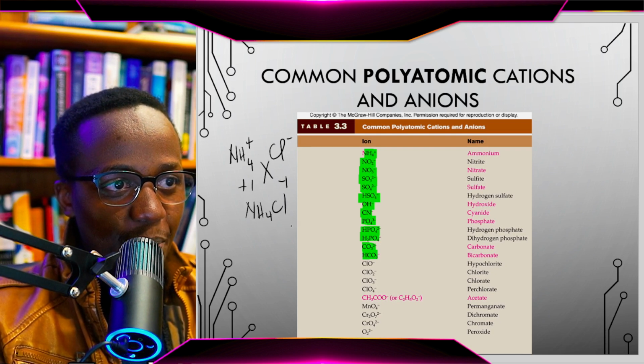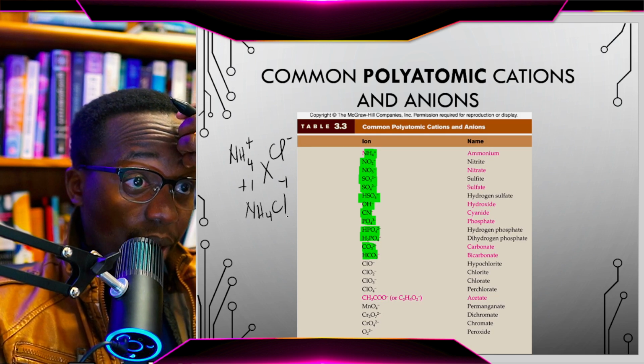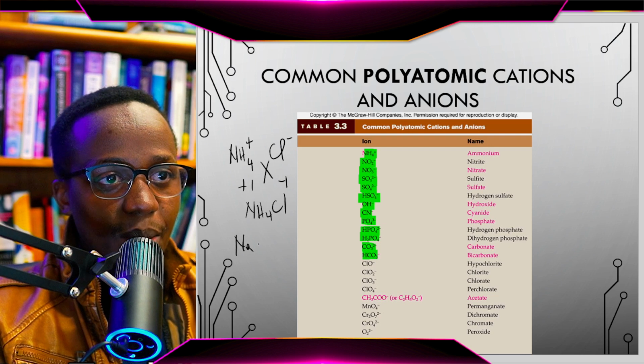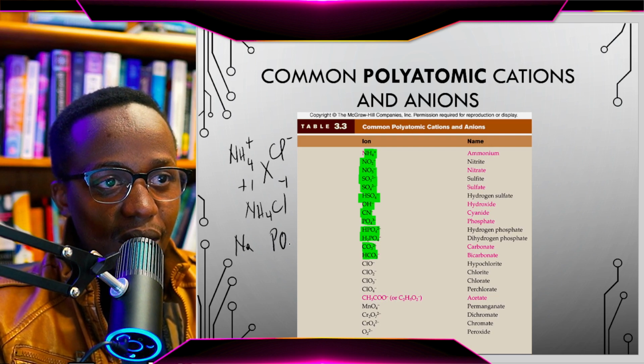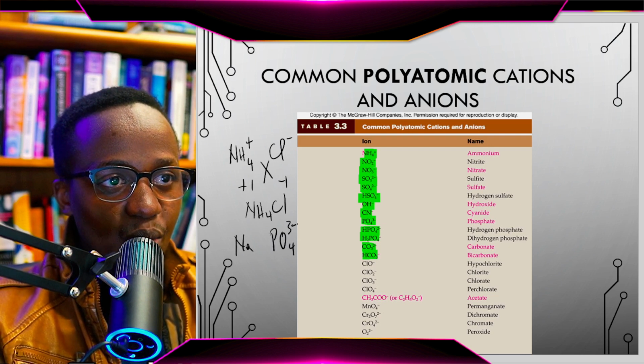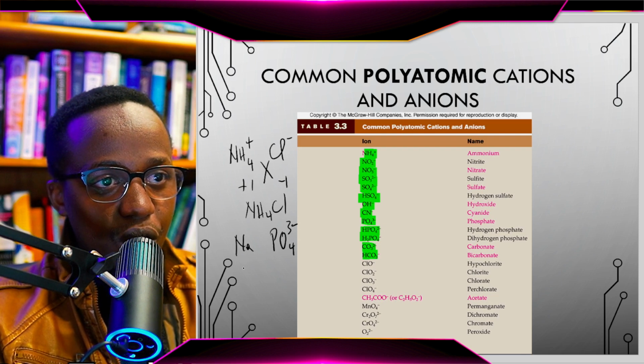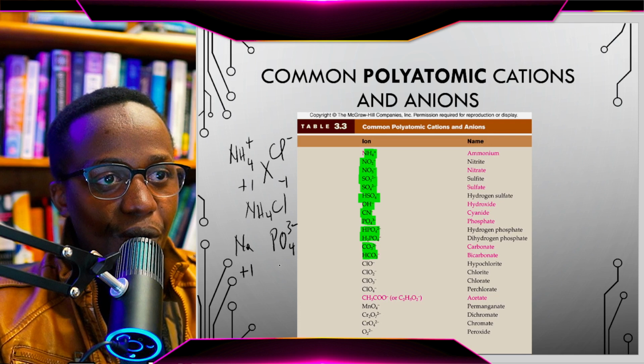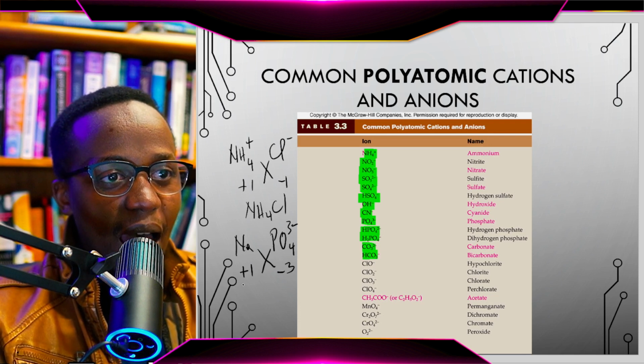But look at what happens, for example, when I say between sodium and phosphate. Phosphate is PO4 3-. That's why we also need to remember the charges. Sodium is +1, phosphate is -3, and then you do the cross and look at what happened.